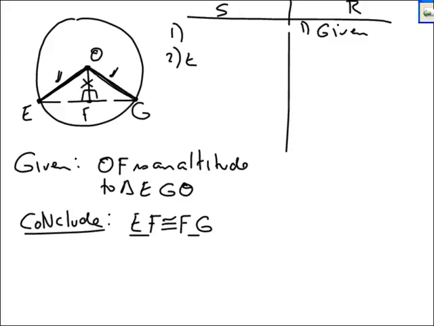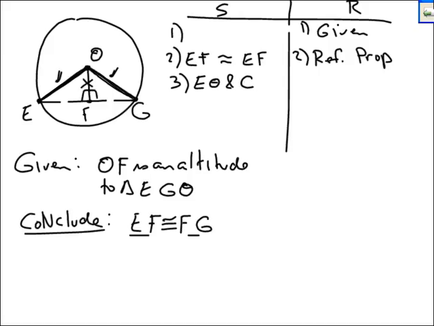We can say that EF is congruent to EF, and that's the reflexive property. And then we can say that EO and GO are radii.